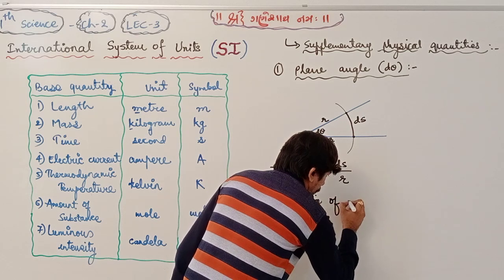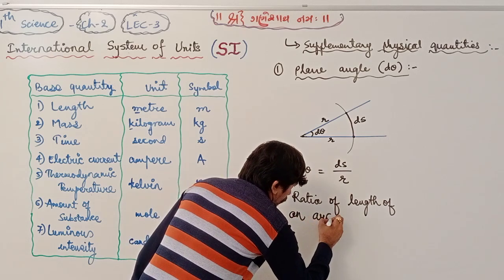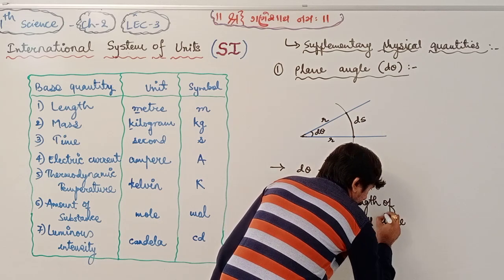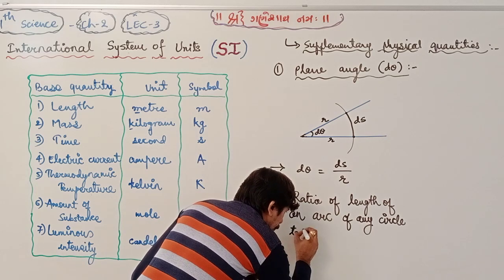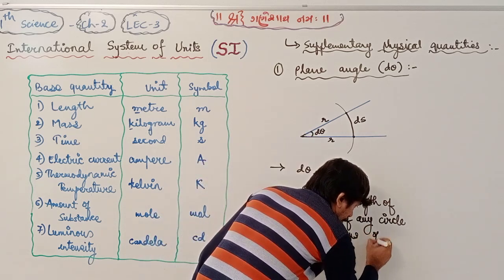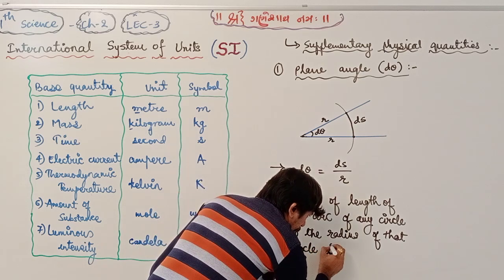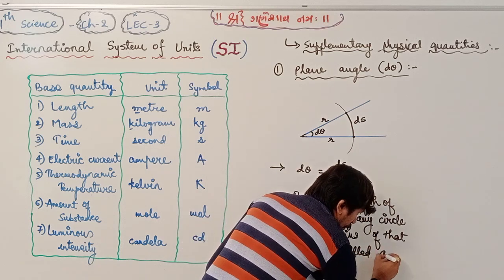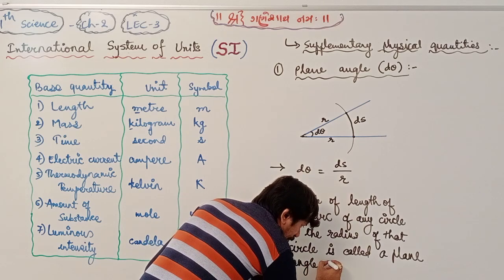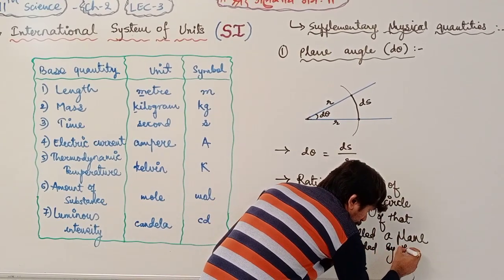Ratio of length of an arc of any circle to the radius of that circle is called a plane angle formed or subtended by that arc.